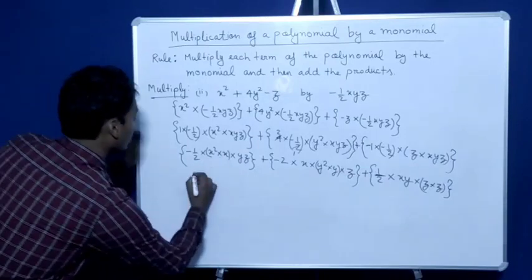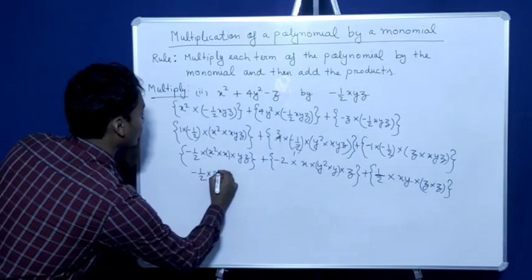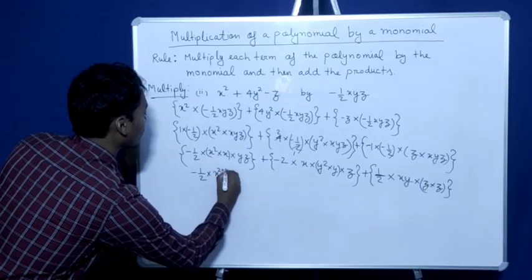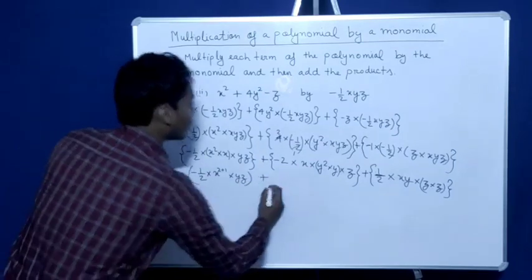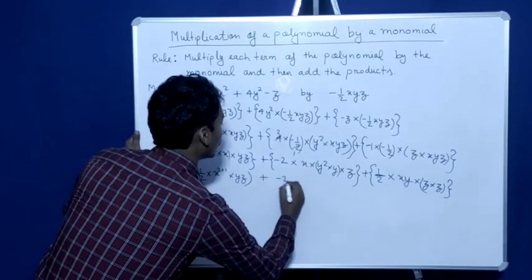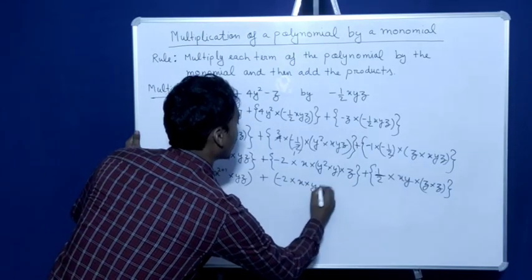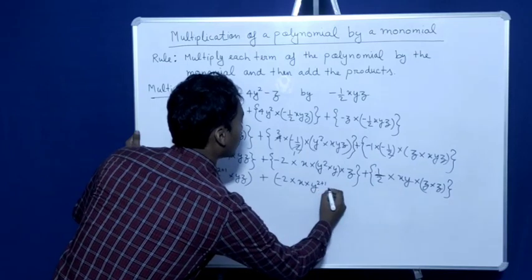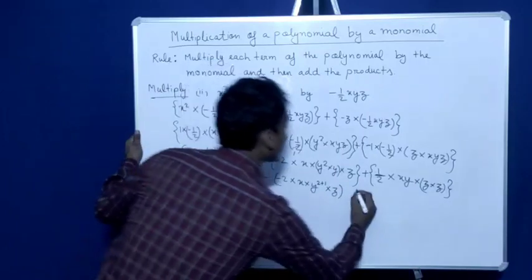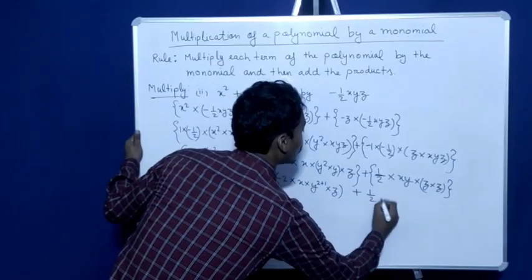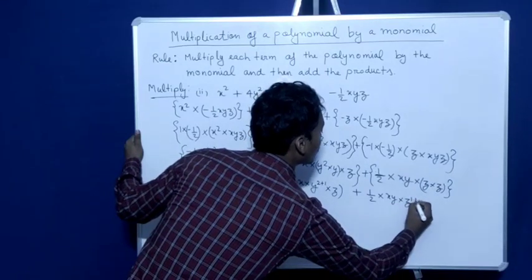Now here negative 1 by 2, we can add the exponents of x, so 2 plus 1 times yz, plus negative 2 times x times y, 2 plus 1 in the exponent times z, plus 1 by 2 xy to z raised to the power 1 plus 1.